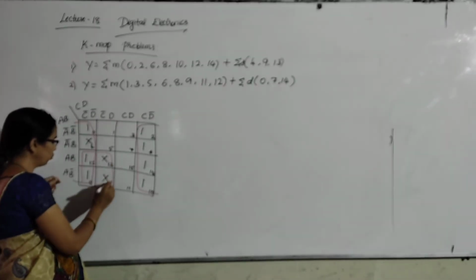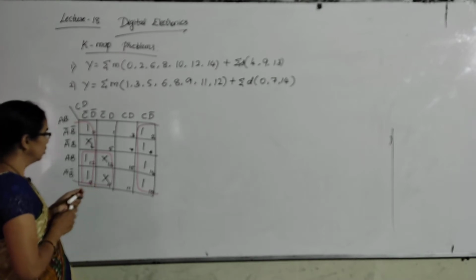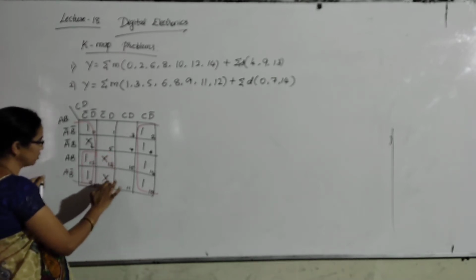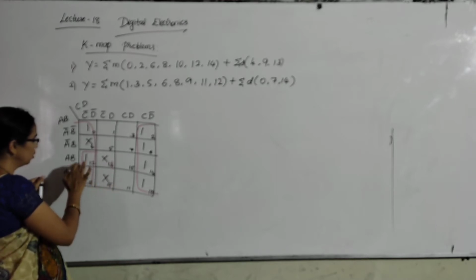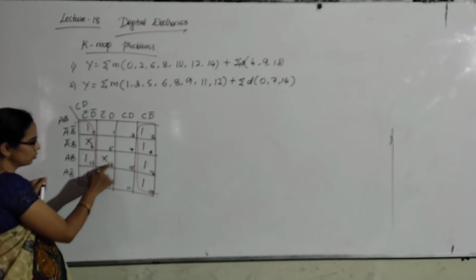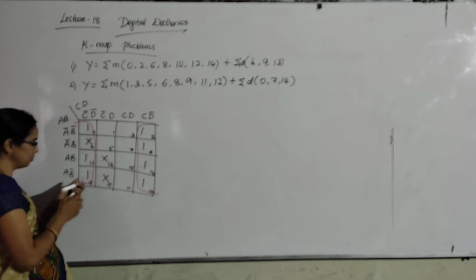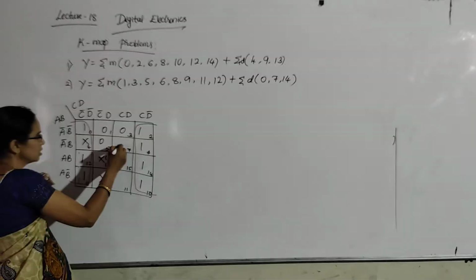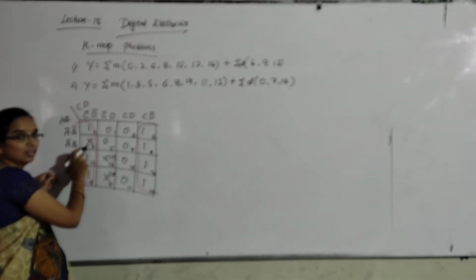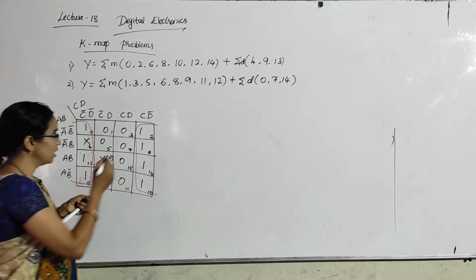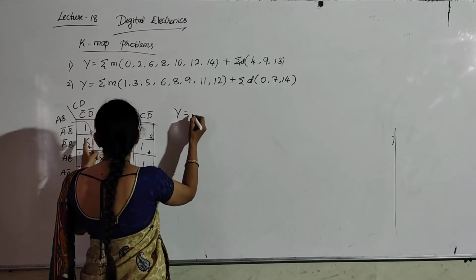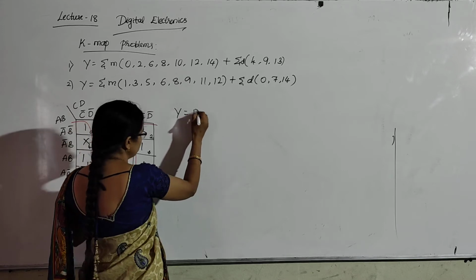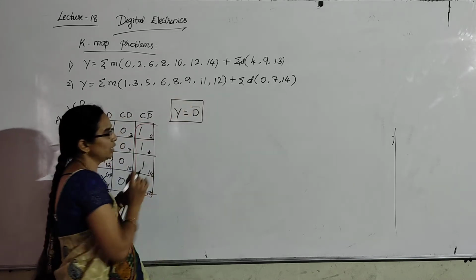Sorry, no need to have this quad also, because there are no ones, only don't care conditions. I will consider them as 0. If I consider this as 0, others also 0, only this one don't care condition I have considered, and the answer will be Y is equal to D bar, which is common, so Y is equal to D bar, only this one.